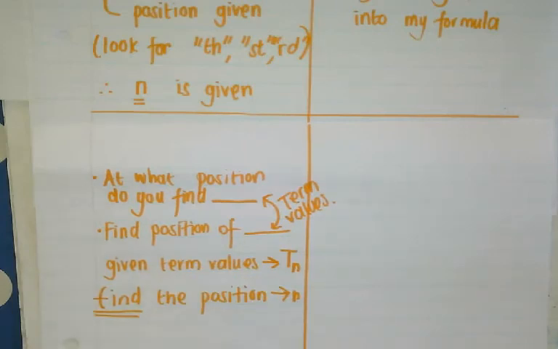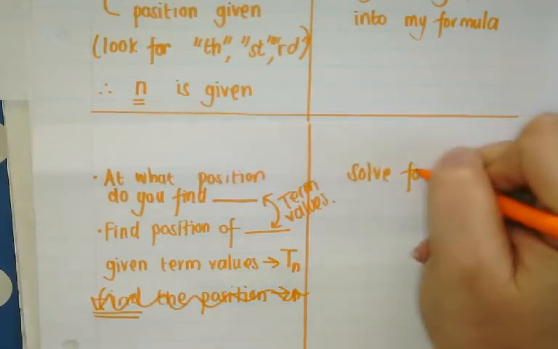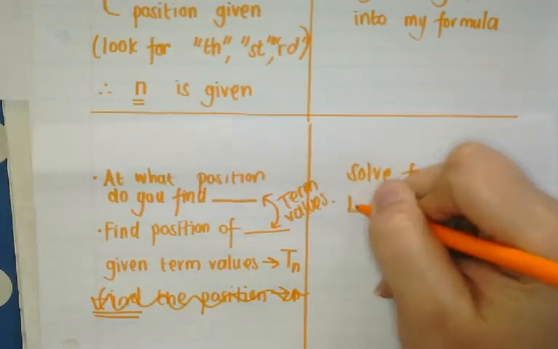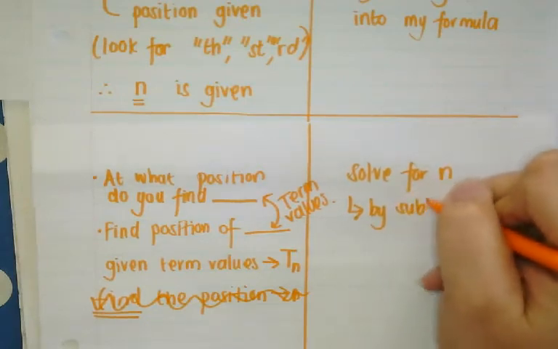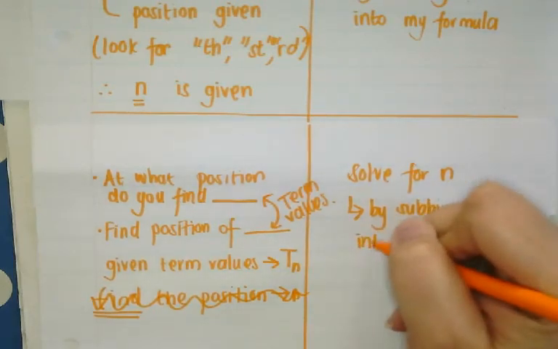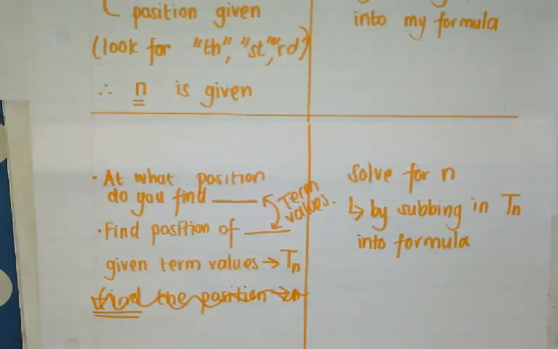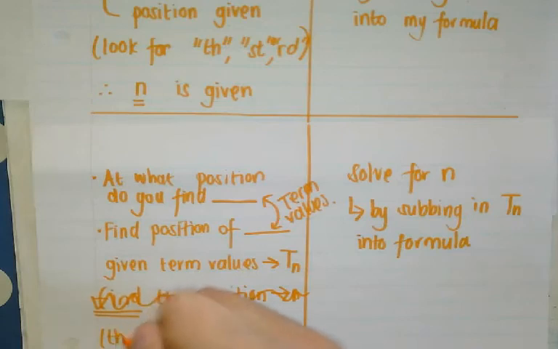Actually, don't write that there. Write it here: solve for n. How do we do that? By subbing what we have into the formula. So if I get given Tn, I put it in, I solve for n. If I get given n, I put it in and solve for Tn. So how do I know that it is the value given to me? There are no podium letters or podium words.